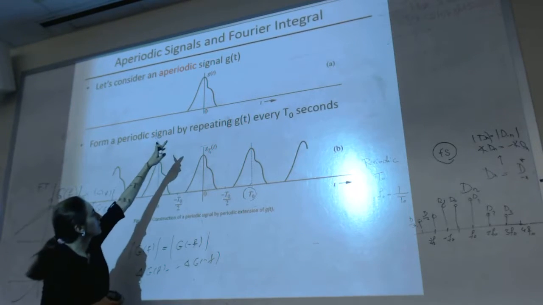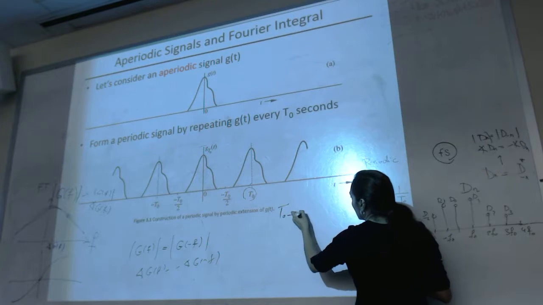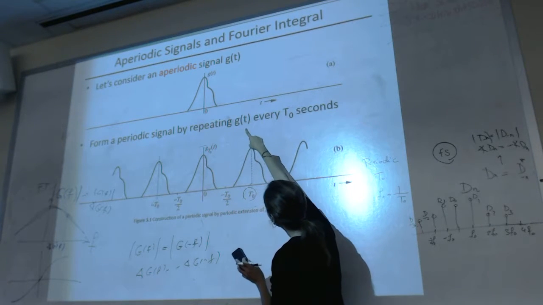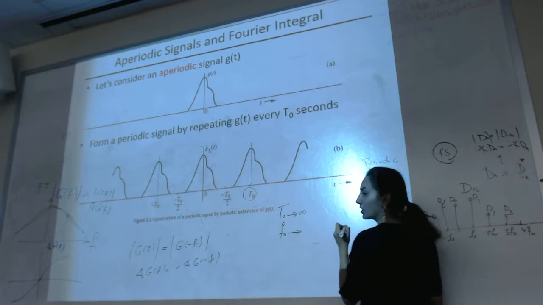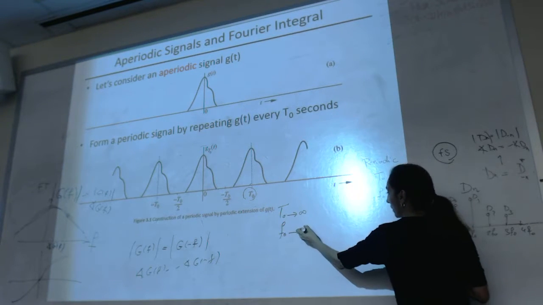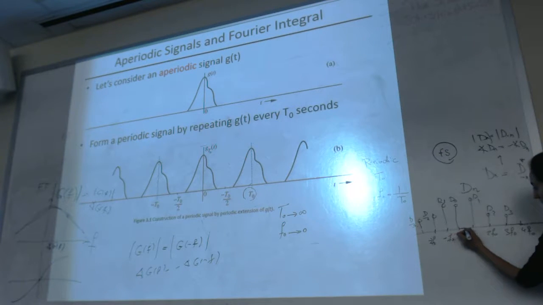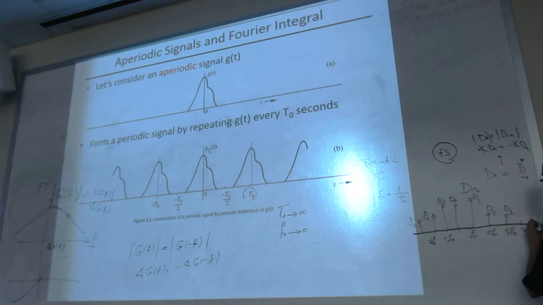So in the limit that T naught goes to infinity, basically this will generate that one. T naught going to infinity means F naught going to 0. F naught going to 0 means that now I'm working with all these little frequencies starting from a really small one, as if I will have all the frequencies.